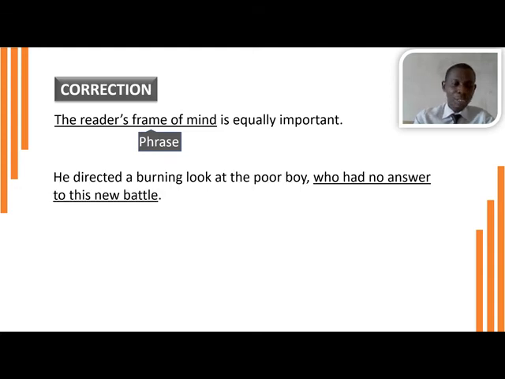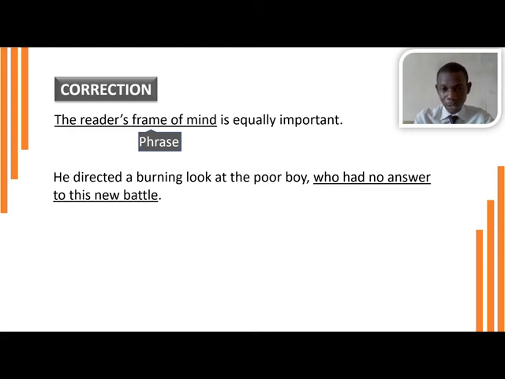Yes. Now let's move on to the next one. He directed a burning look at the poor boy who had no answer to this new battle. Who had no answer to this new battle. Is this a phrase or a clause? Who, pronoun. Had, verb, past tense.